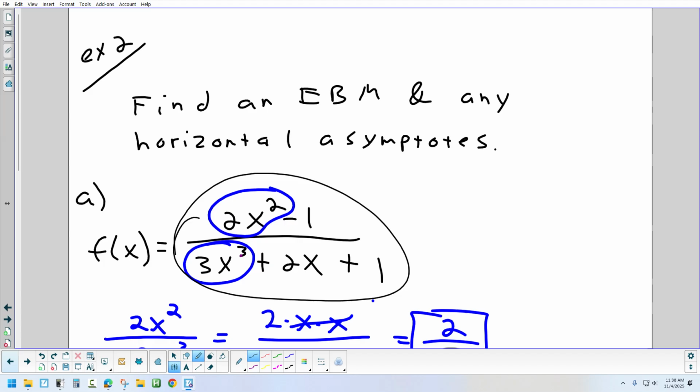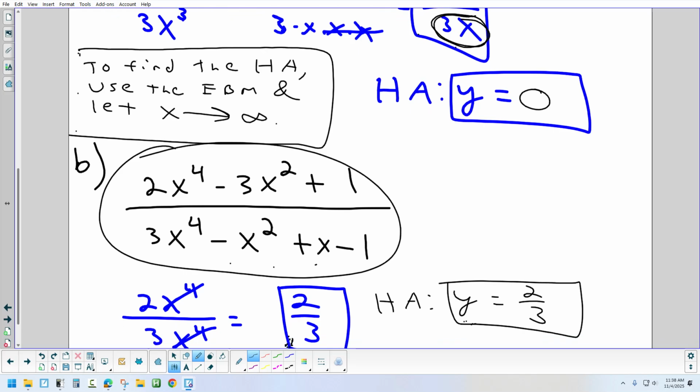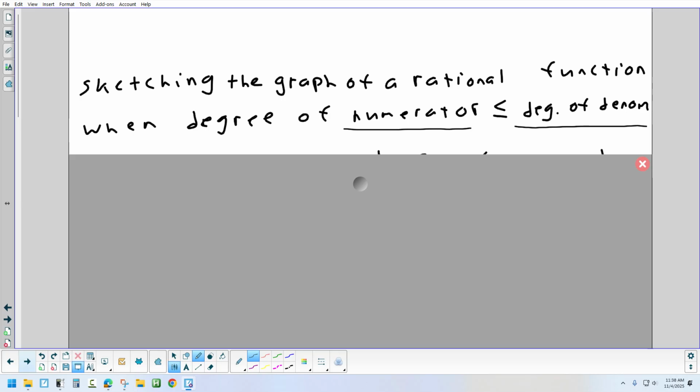So this would be a problem where the degree of the numerator is smaller. That's a 2, and that's a 3. This would be a problem where they're equal. They're both 4s. We're not going to do problems where the degree of the numerator is bigger than the denominator until tomorrow.